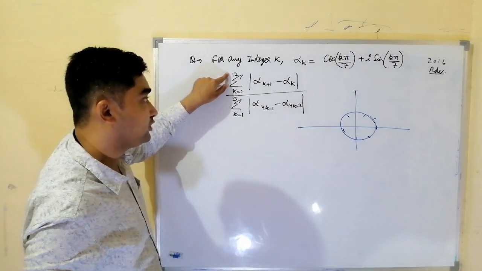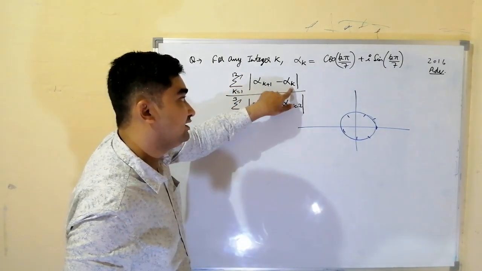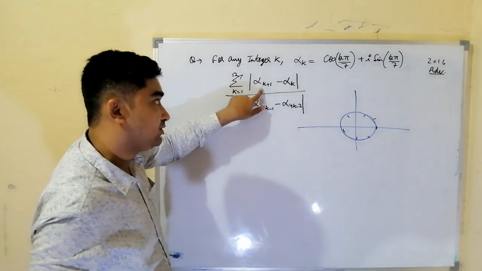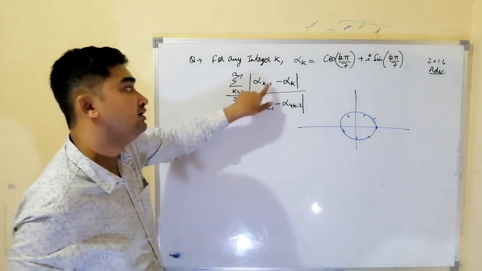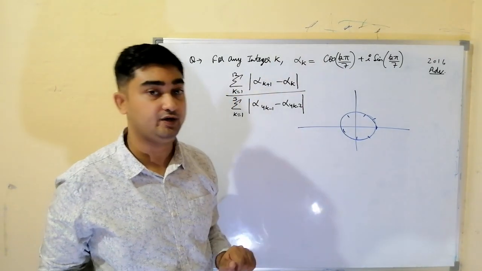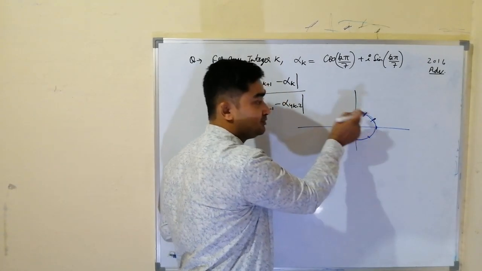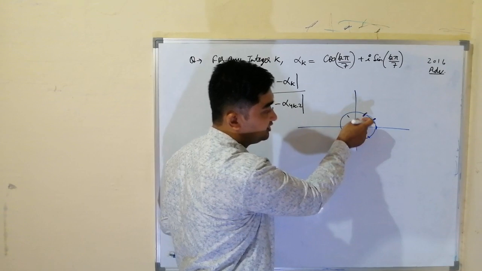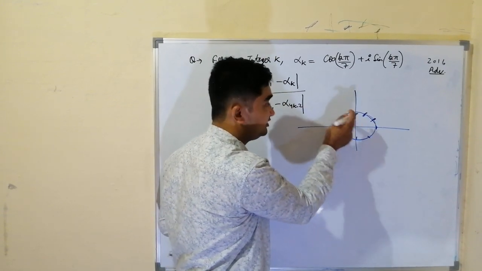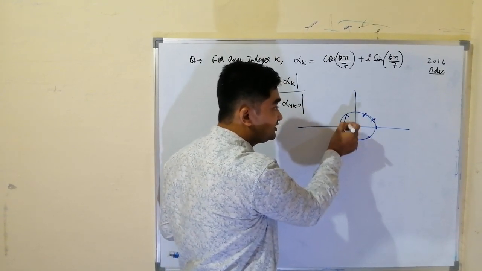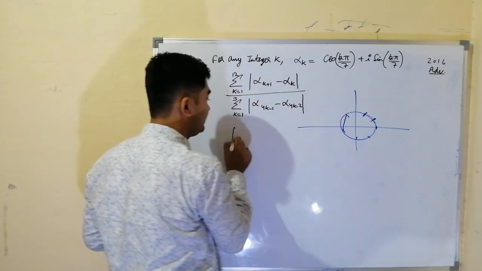Now k is from 1 to 12. Alpha k plus 1 minus alpha k. Alpha k plus 1 is a 7th root of unity, alpha k is a 7th root of unity. They are two adjacent roots. If this is k plus 1, this is k. So it is nothing but mod of z1 minus z2.